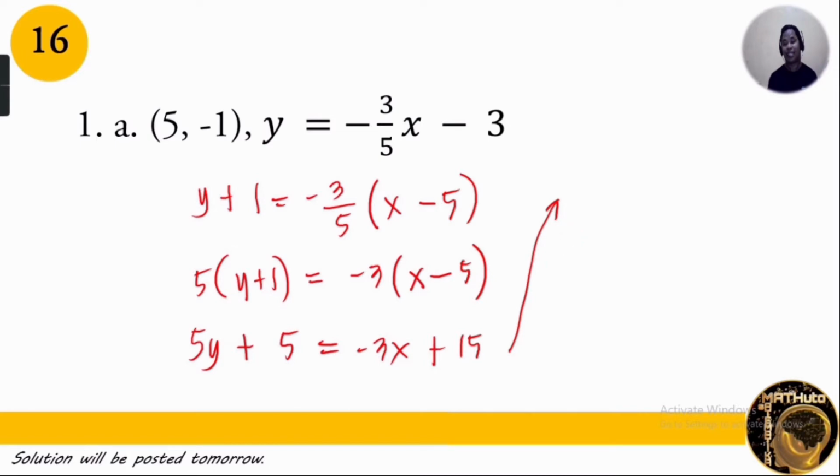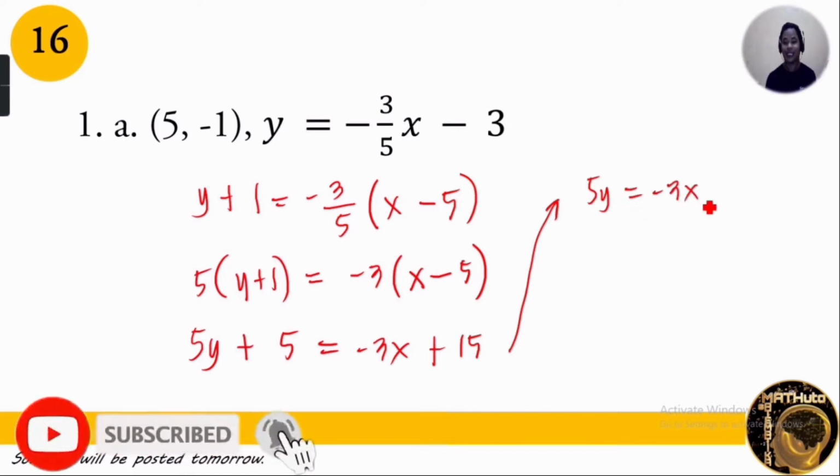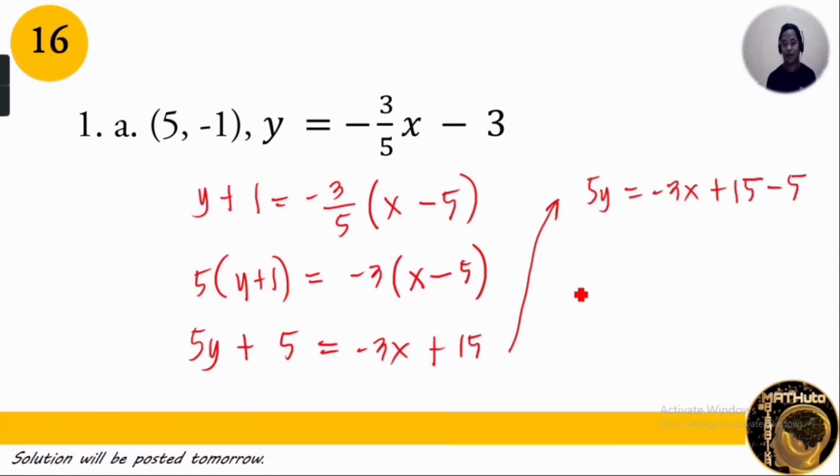Since ang hinahanap nating equation is in the form of slope-intercept, so remain po natin yung y sa left. So, 5y plus 5 is equal to negative 3x plus 15. Subtract 5 and simplify po natin. So, 5y is equal to negative 3x plus 10 na lang po.